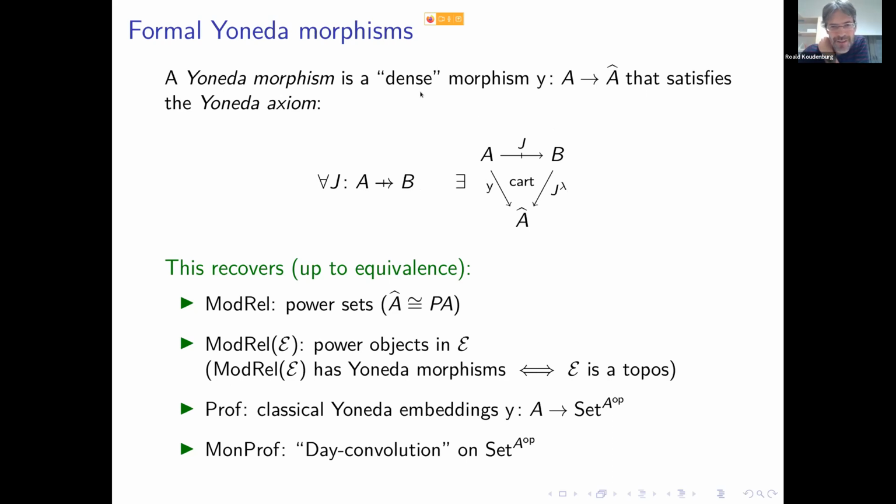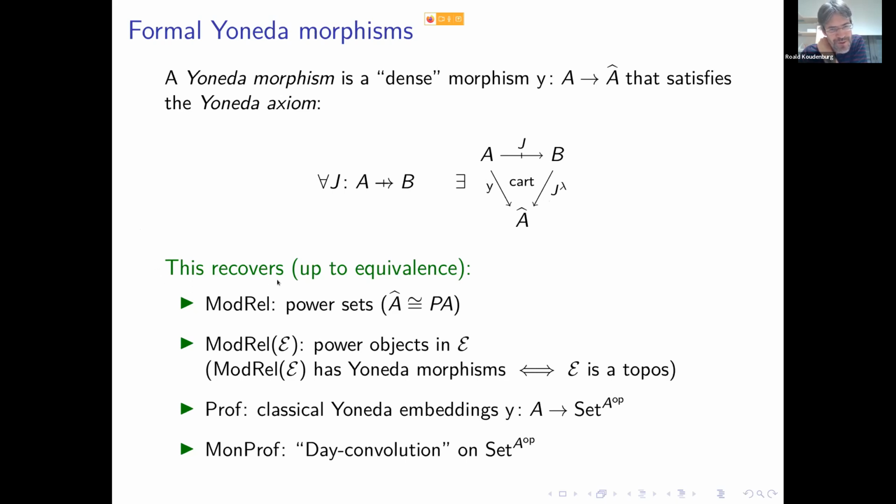And the density of Y implies that J lambda is the left Kan extension of Y along J. So that means that any other vertical morphism with a Cartesian cell like this factors uniquely through this one as an isomorphism. That means that J lambda is unique up to isomorphism.